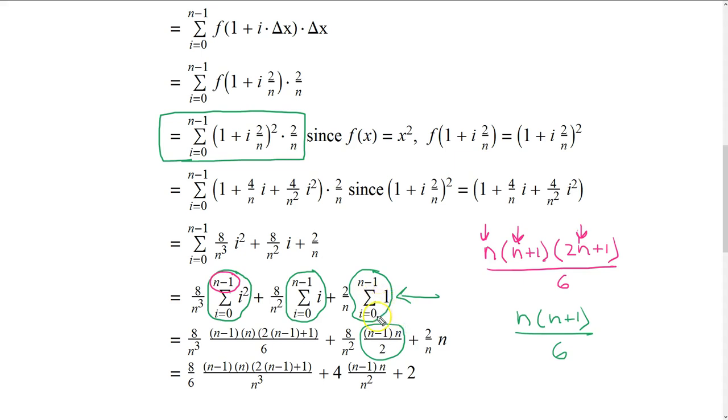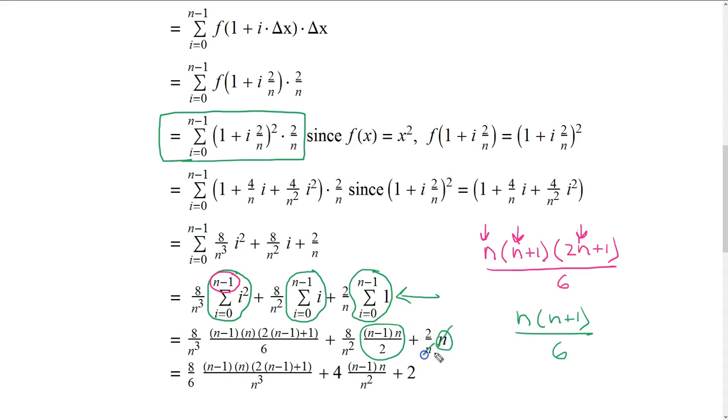And then the sum from 0 to n minus 1 of the number 1, that's actually still going to be n. Because i goes from 0 to n minus 1, you're still adding 1 to itself n times, because you're starting at 0. And so you still get n there.